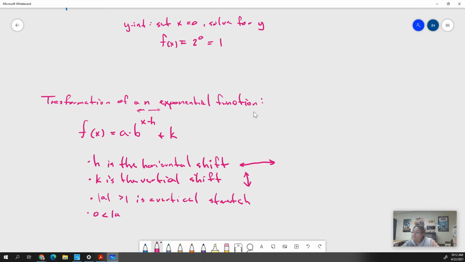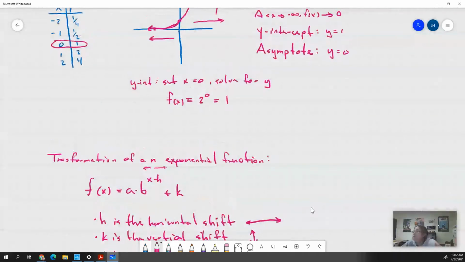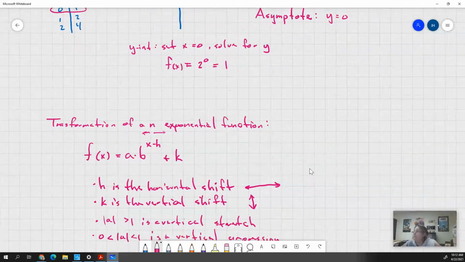If A is between 0 and 1, it is a vertical compression. So these are bits of information to know, but they're not necessarily going to affect you too much in the not knowing.